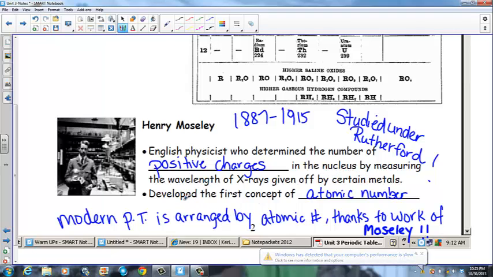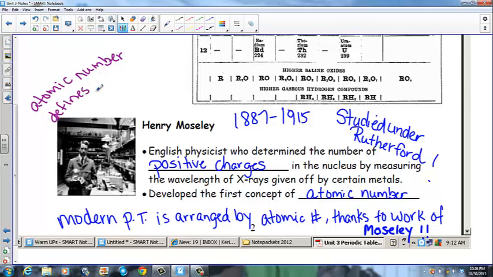By that, he was able to develop the first concept of atomic number. And remember, we learned last unit that atomic number defines the element. And that's basically what Henry Moseley did.